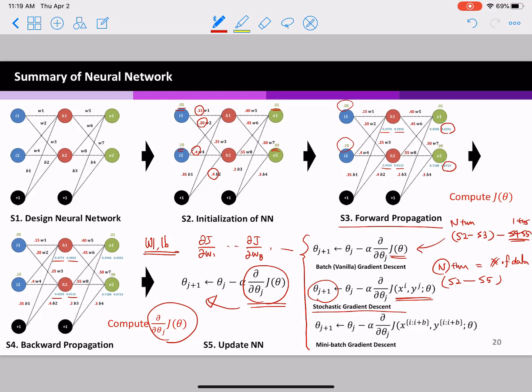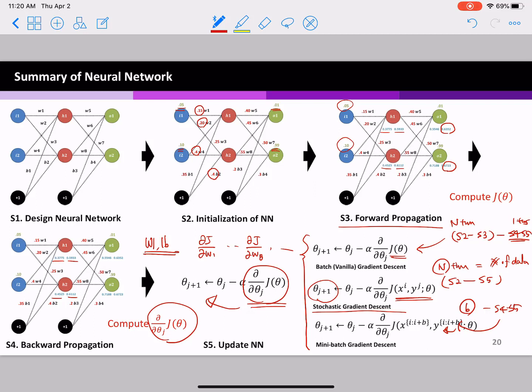Mini-batch gradient descent is somewhere between batch and stochastic gradient descent. You repeat b times because we are using b data points, then update the parameters, and then go back and observe another data set. Okay. So that's the process.